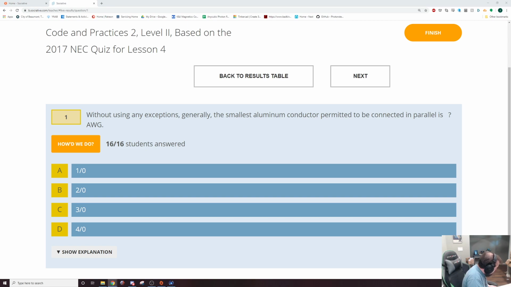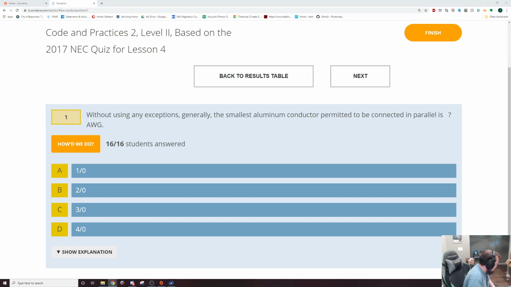Conductors in parallel. No, there it is. Conductors in parallel, general. And this is under the conductors for general wiring.